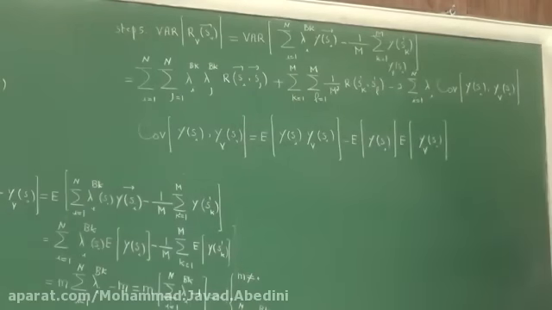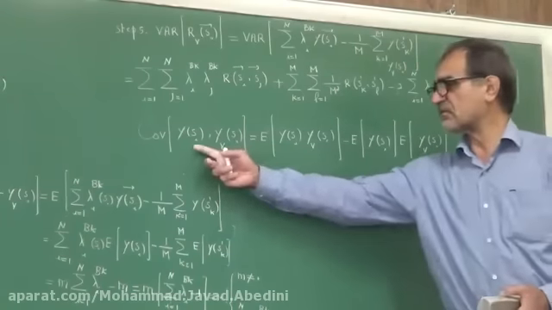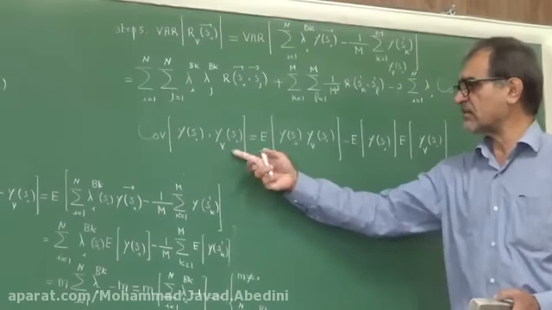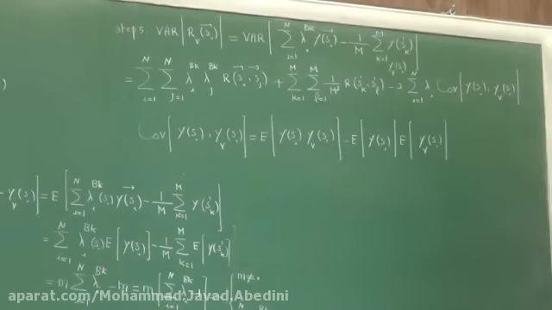That is how to compute covariance between two random variables. This is a random variable, this is another random variable, and that is how to compute the covariance between these two random variables.